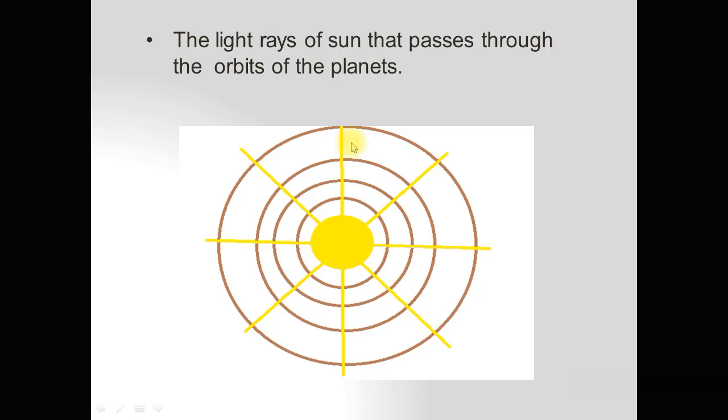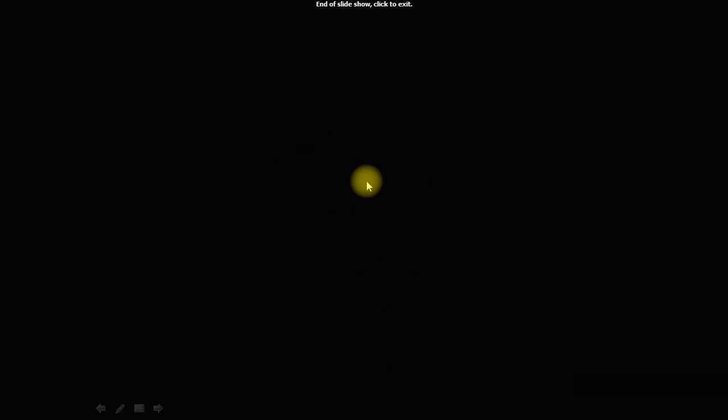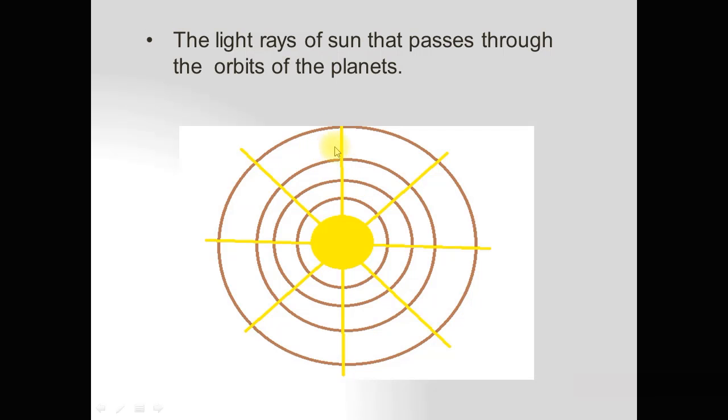Suppose this is a ray of sunlight. This ray intersects this curve, this curve and this curve. So the sunlight rays intersect the orbits of planets at a 90 degree angle. So this is the orthogonal trajectory for this family of curves.